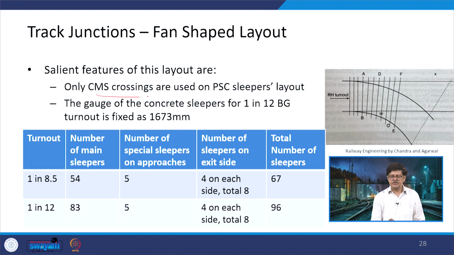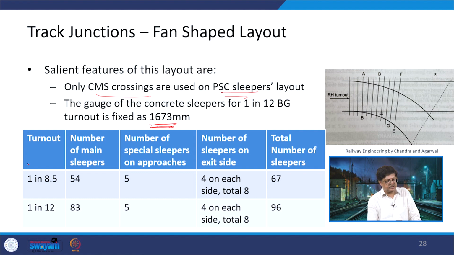Only CMS crossings are used on the PSC sleepers layout. The gauge on the concrete sleepers for a 1 in 12 broad gauge turnout is fixed as 1673 mm, just a small change is being done here.